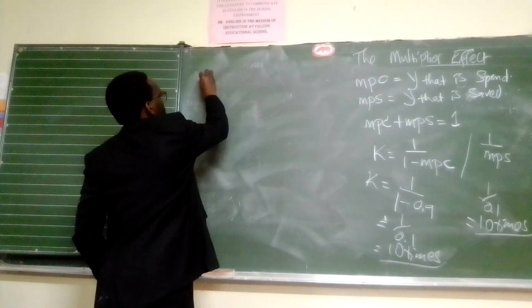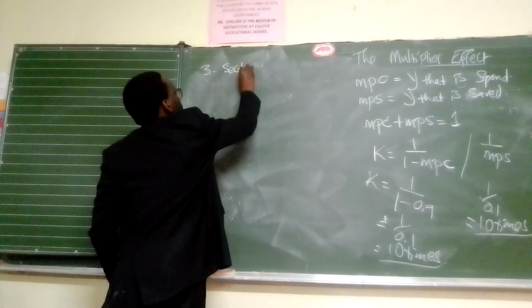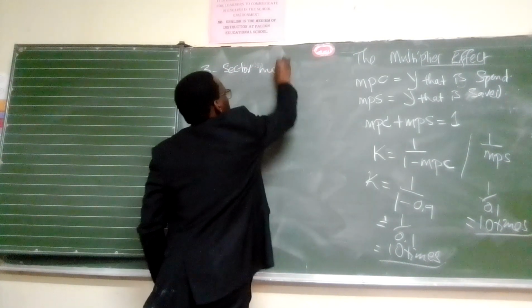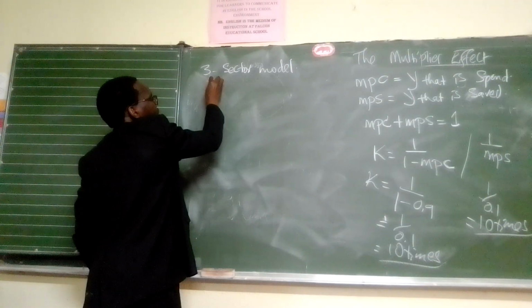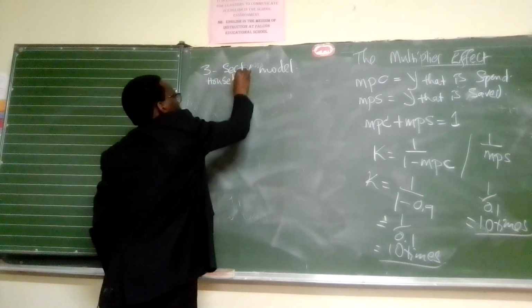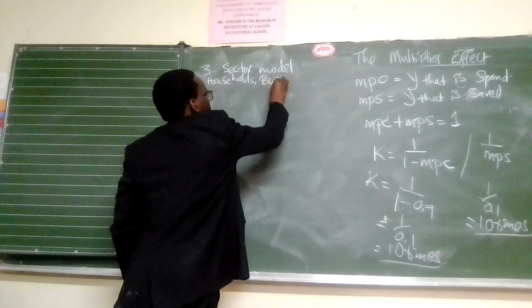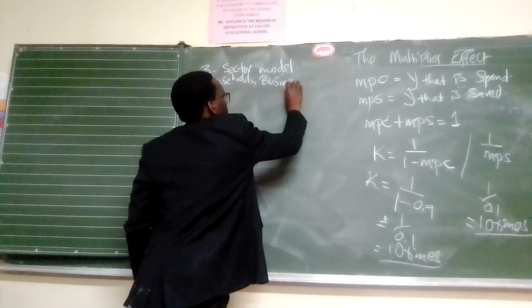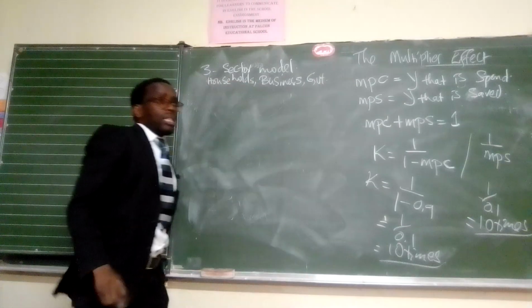So in a three-sector model, we are going to have the households, we also have businesses, and we also have government. That's our three-sector model.